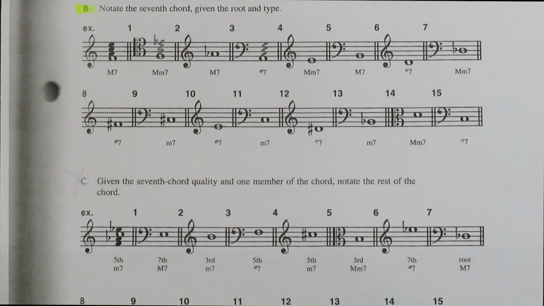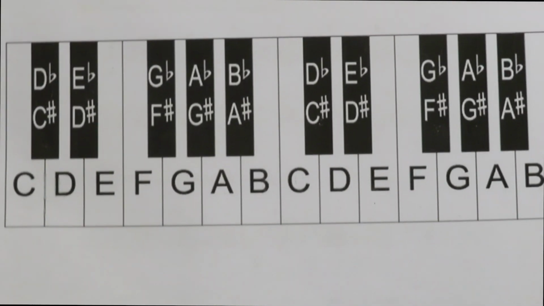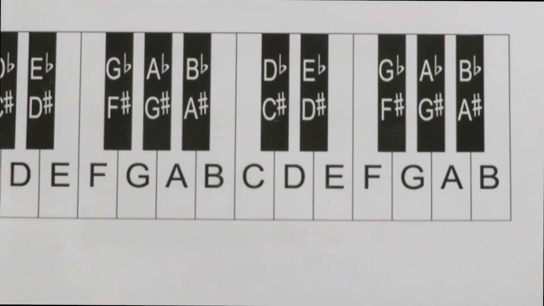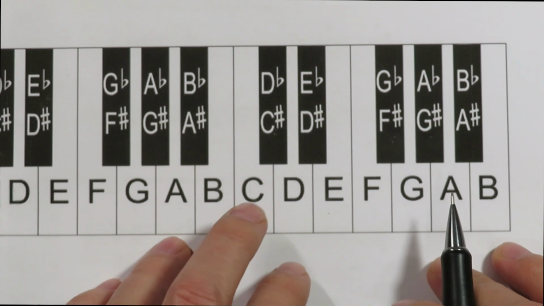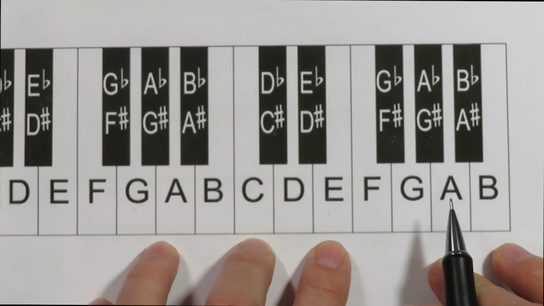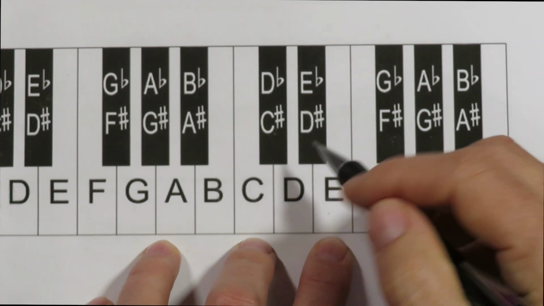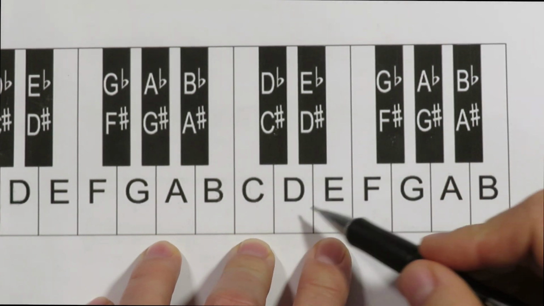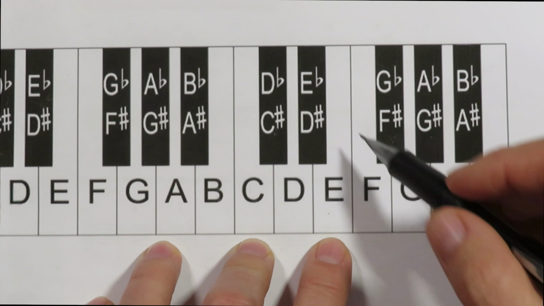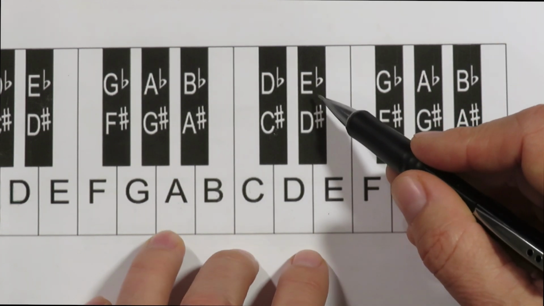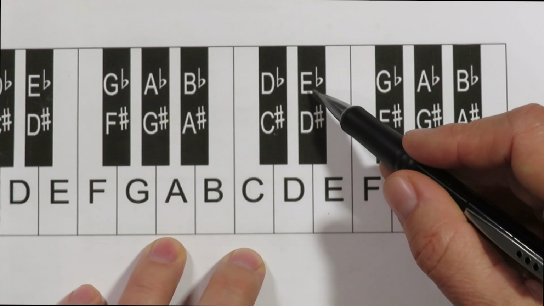Okay. So it is A, right? Okay, yes. So A, C, E. That is a minor triad. So let's make it diminished, and we'll lower the E to an E flat. A, C, E flat.